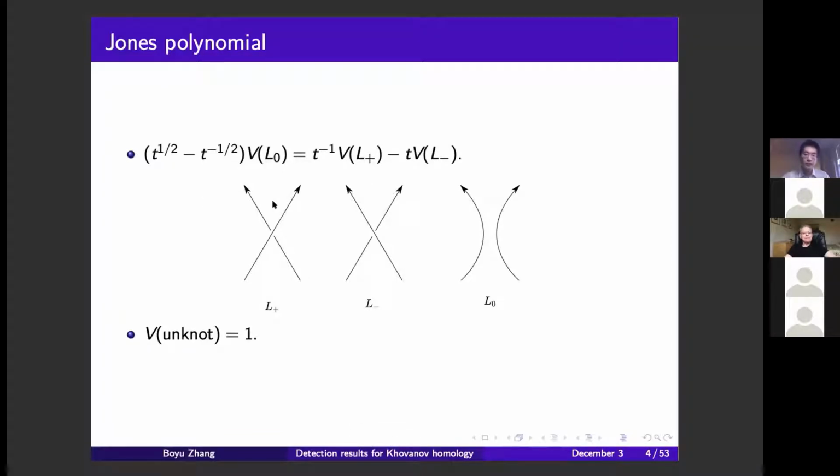The first is the skein relation, which says that if L0, L plus, and L minus are three oriented links with identical diagrams except near a small neighborhood, where they are given by these three pictures, then their Jones polynomials satisfy this equation. The second is a normalization condition, which requires that the unknot has Jones polynomial equal to 1.